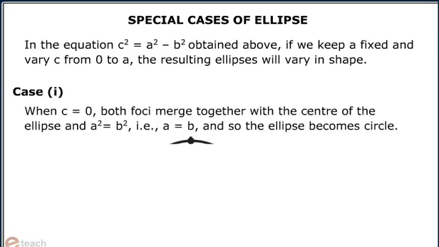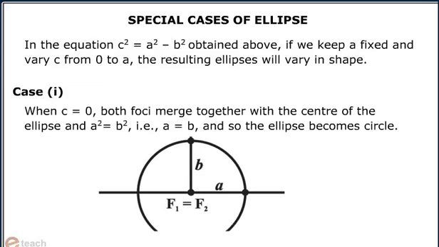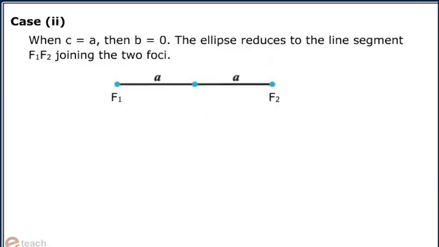When c = 0, both foci merge together with the center of the ellipse and a² = b², that is a = b, and so the ellipse becomes a circle. As you can see, both F1 and F2 coincide in this case. Case 2. When c = a, then b = 0. The ellipse reduces to the line segment F1F2 joining the two foci.